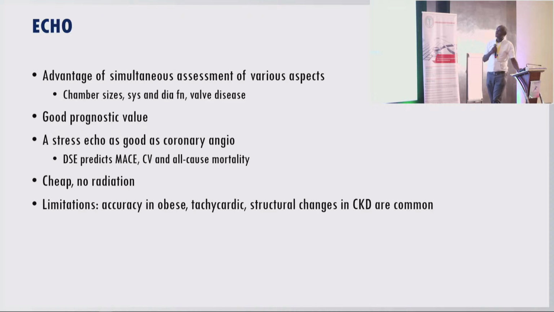And then you do an echo, which has the advantage of showing you the chamber sizes, the systolic and diastolic function, and the valve diseases that are present. And usually if you can do a stress echo, it's probably as good as a coronary angiogram, and we really recommend that you consider that. And the beauty with an echo is that it's cheap, there's no radiation, but it might have some limitations in patients who have especially things like obesity.